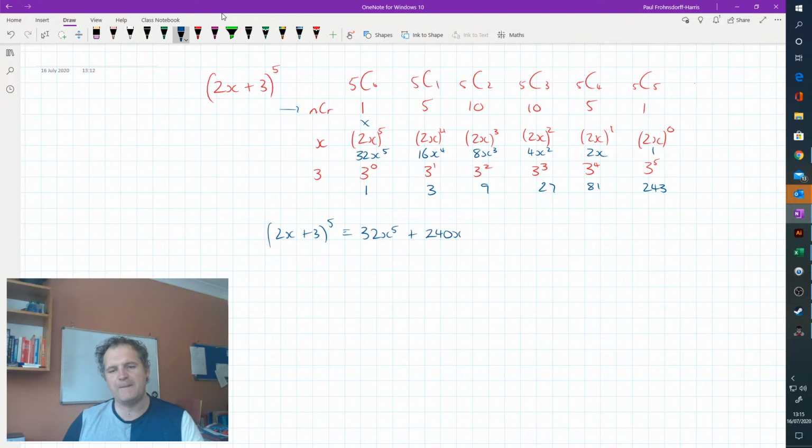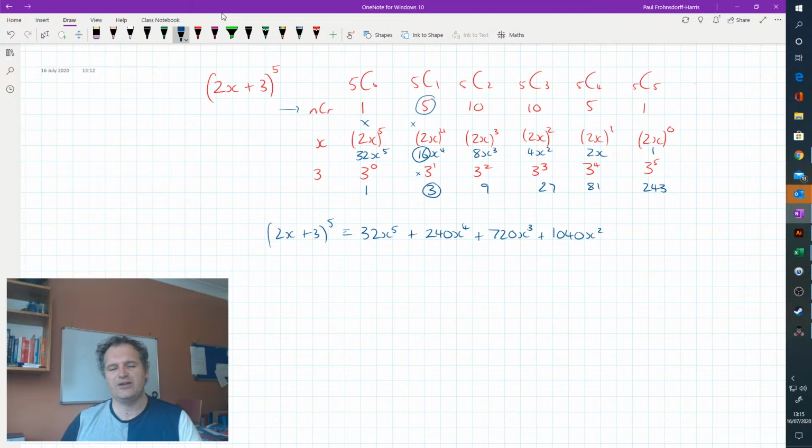It gives us an immediate way not only of tracing mistakes, but also we know it's that coefficient and that coefficient all times together. 10 8s are 80 times 9 is 720. x to the power 3s. This one is 10 4s are 40 times 27. So 4 27s are 108. 40 27s will be 1080.